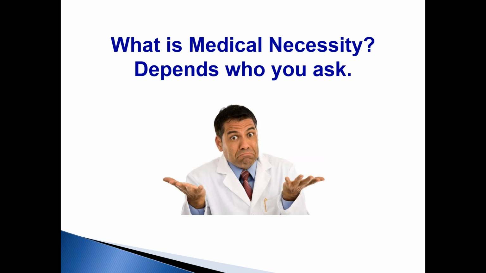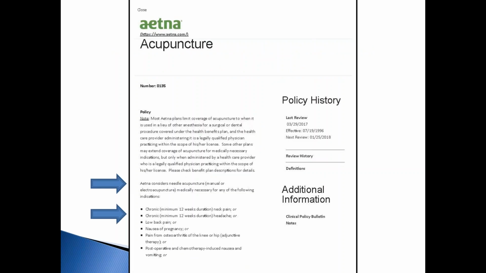So what is medical necessity? Depends who you ask. If you ask me, everything's medically necessary, but ask Aetna. If you have Aetna patients coming in for acupuncture, Aetna pays for acupuncture. Aetna considers acupuncture medically necessary if the patient has neck pain, headache, nausea from pregnancy, so they list what they will cover.